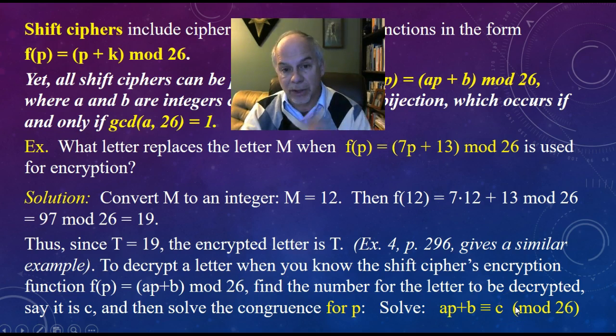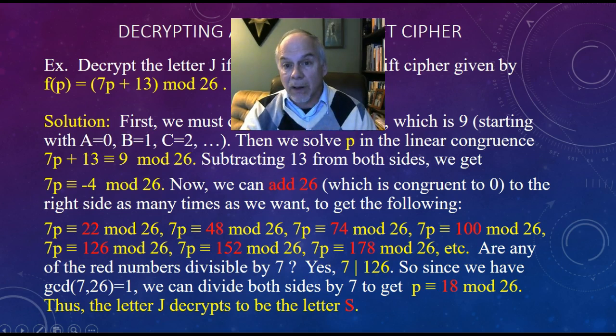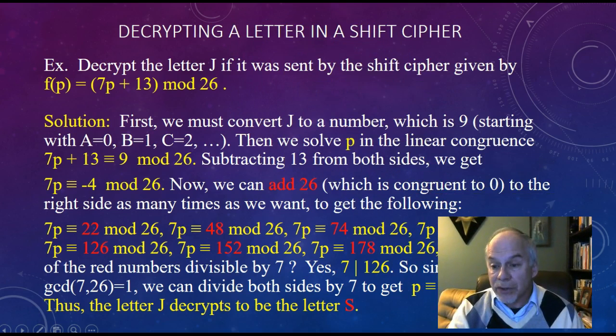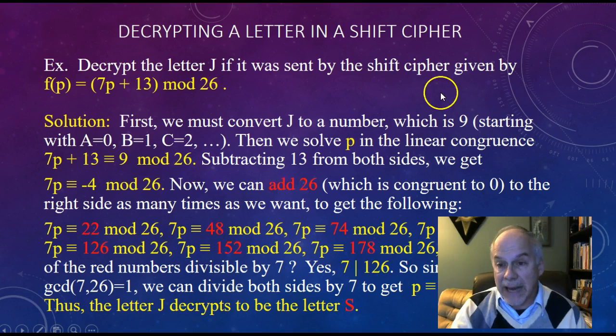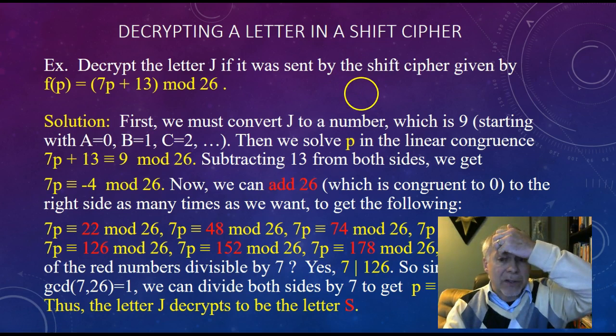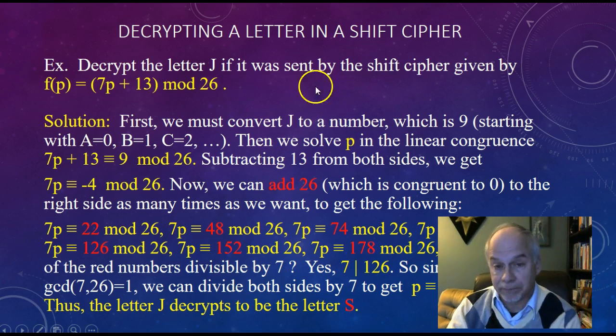All right, so I'm going to show two examples, one where we do not use the inverse of A, in this case the 7, and one where we do use the inverse. All right, so here's an example.